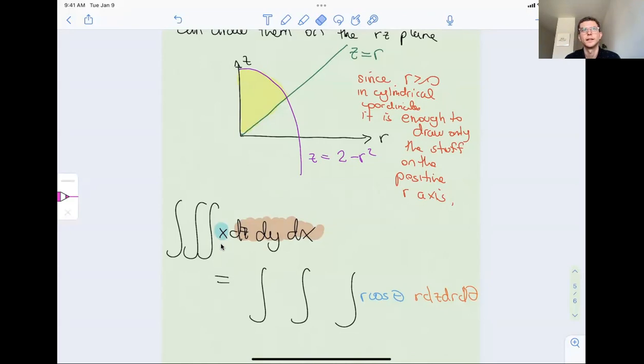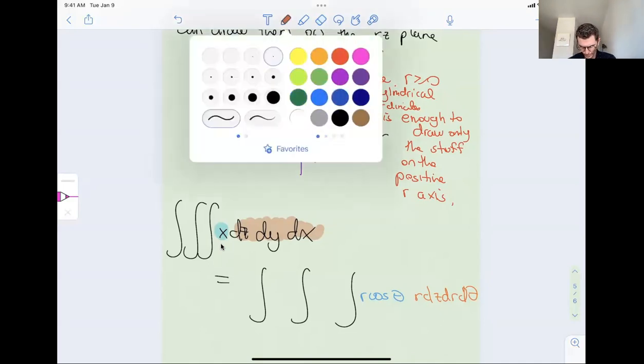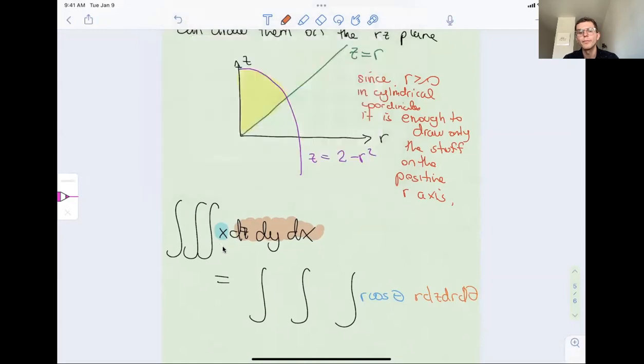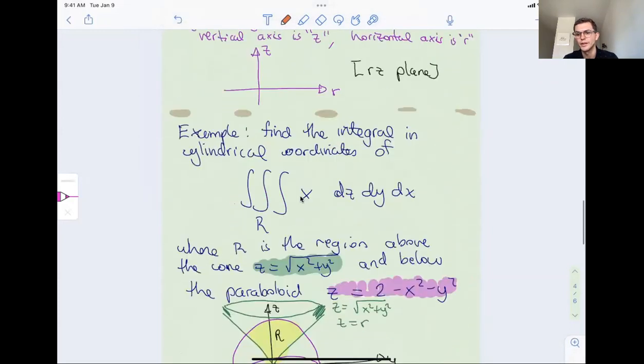Anyone else? So far, so good. Wait, so the r cosine theta, that was from the problem, right? That came from the function that I put inside the integral at the beginning.